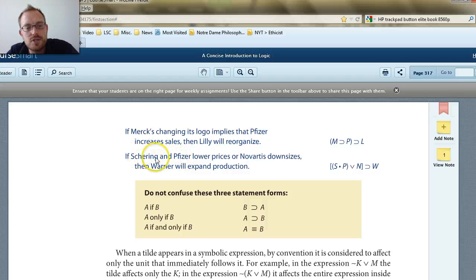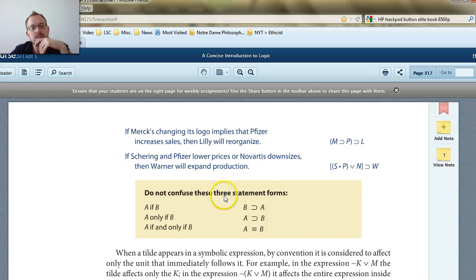So Schering and Pfizer lower prices, or Novartis downsizes. This must be combined here, open and close brackets, so that counts as one thing. And then since this is the "if", this becomes the antecedent, the horseshoe or conditional. Then Warner will expand production. There goes the W. So that's essentially how you work those problems.